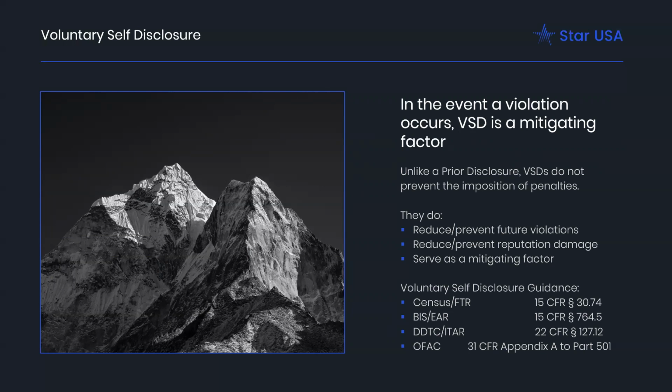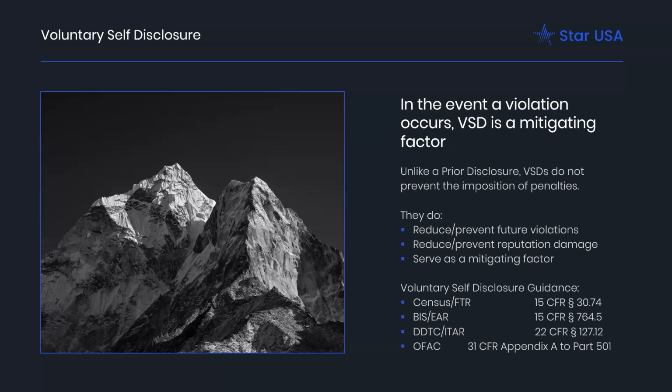On the export side, VSDs do not necessarily prevent the imposition of penalties. There is no penalty protection in the case of voluntary self-disclosures. But voluntary self-disclosures do reduce or prevent future violations, both by recognizing what went wrong, how it went wrong, and instituting the proper controls to prevent it, as well as ensure that there is enough cultural awareness within your organization now going forward that these violations can occur and will occur.